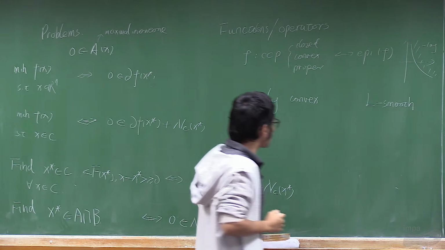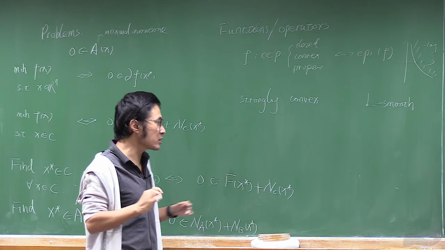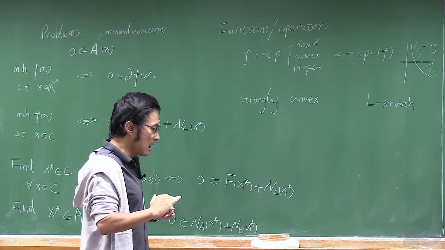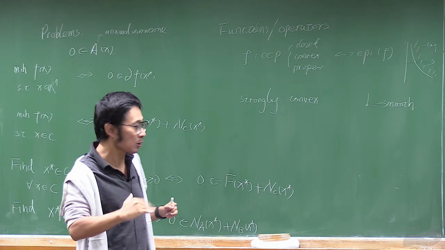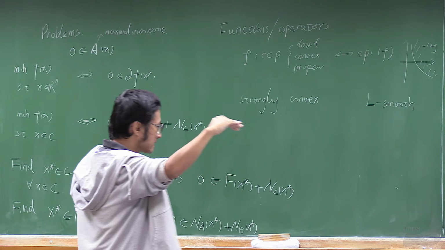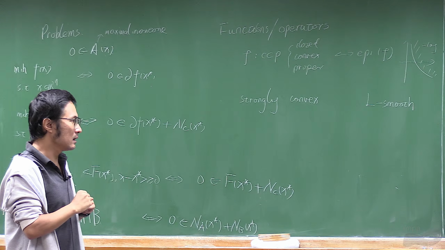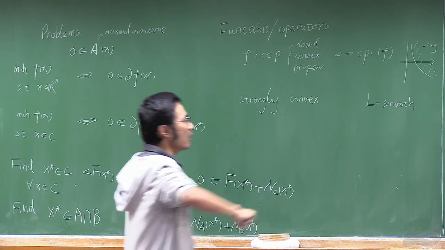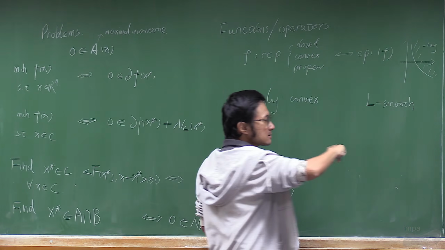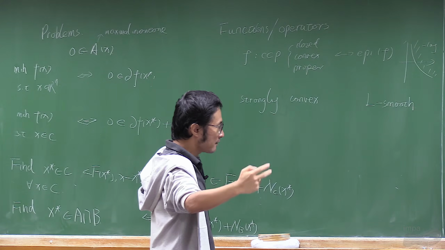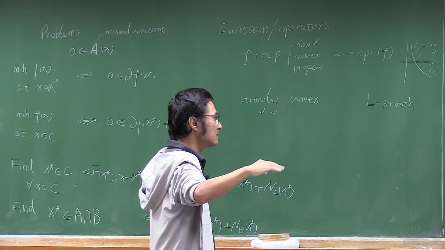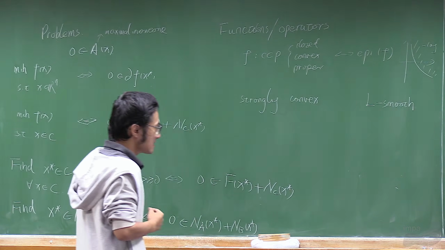Strongly convex means a function whose graph has a lower bound on the slope, and L-smooth means the slope of the graph of the function is at most some constant.